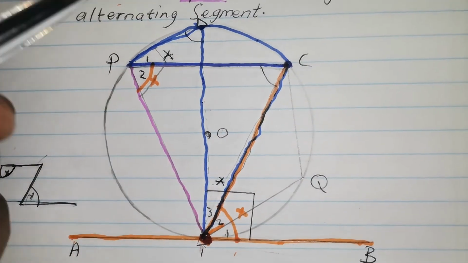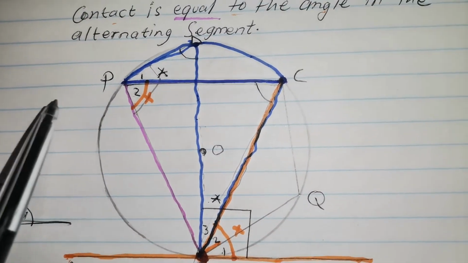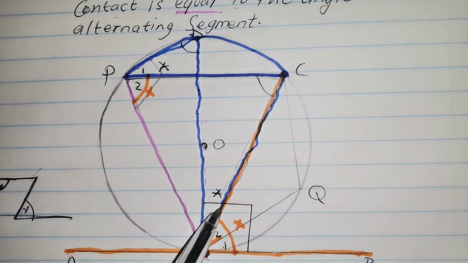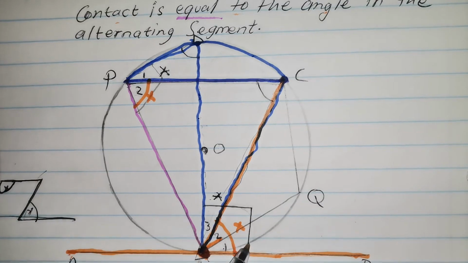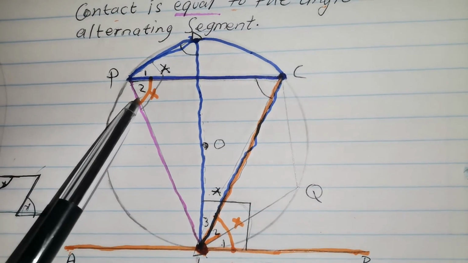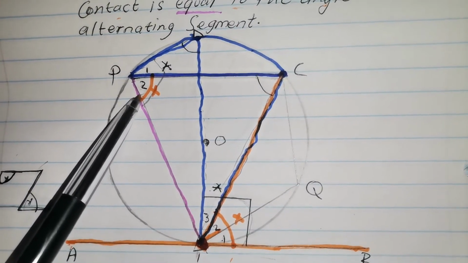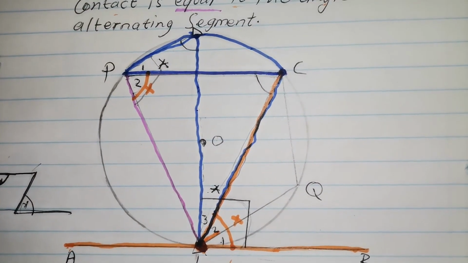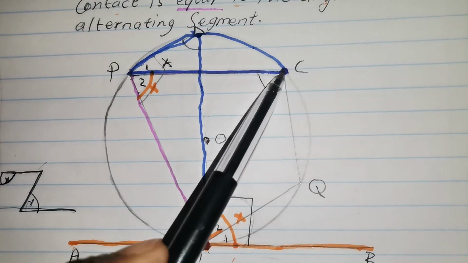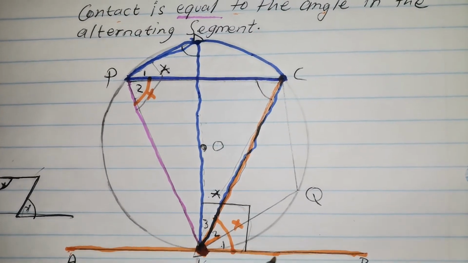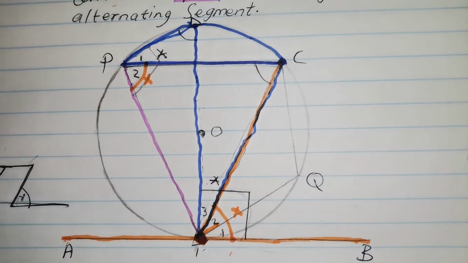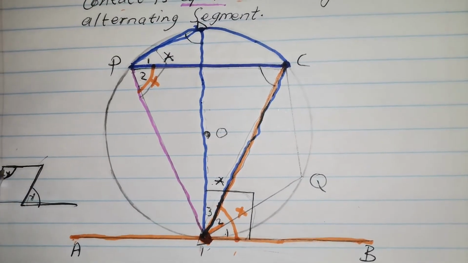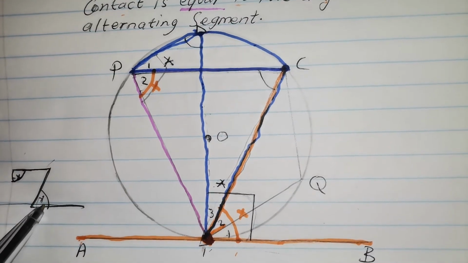Oh guys, that means we have a Z here. You can see that there's a Z again in this way. This means these two angles, T1 plus T2, are going to be equal to this angle in the alternating segment, only P2. So in the examination, how do you recognize tangent chord? By the Z shape. Meaning the tip of the angle is equal to the inside of the angle.